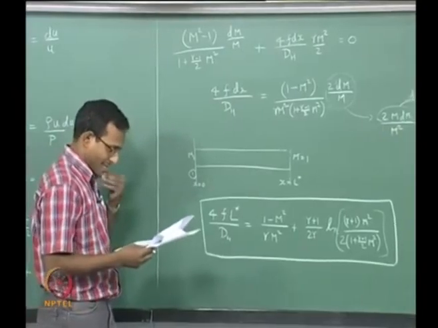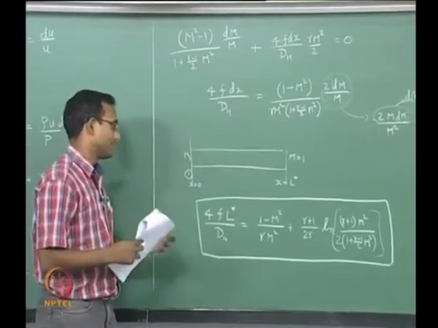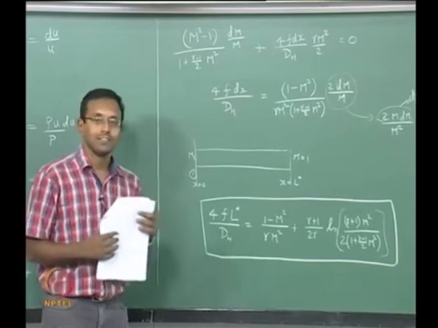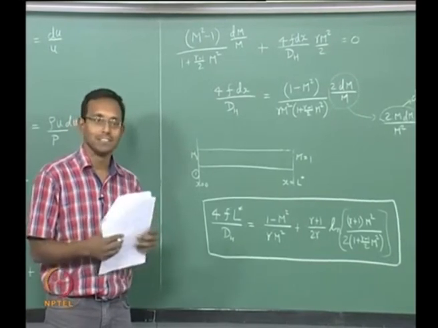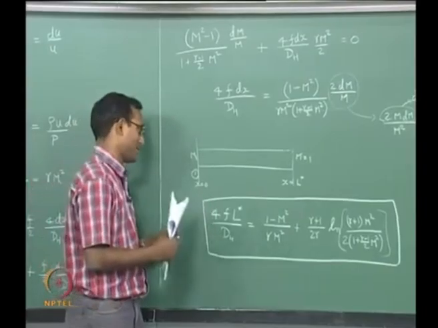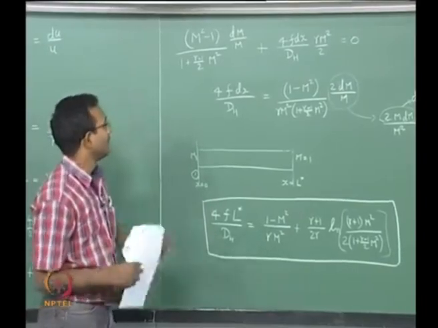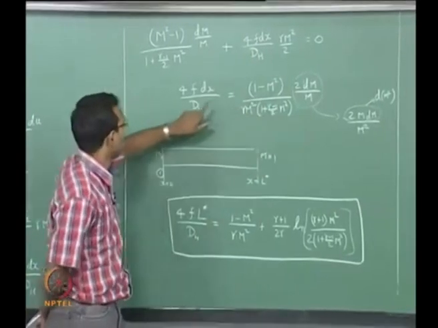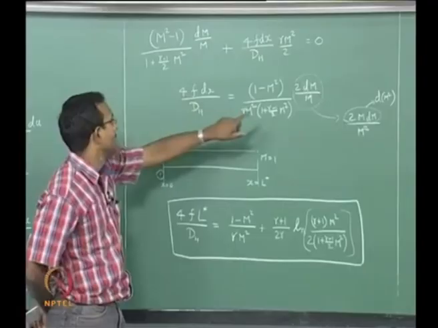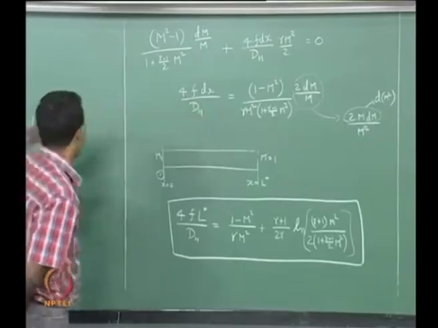Now once I have this relation, I can get other variable changes, but I will do the basic simple math way to get the other variables. I will take this dM by M and replace dM by M in terms of dx in all the other equations.